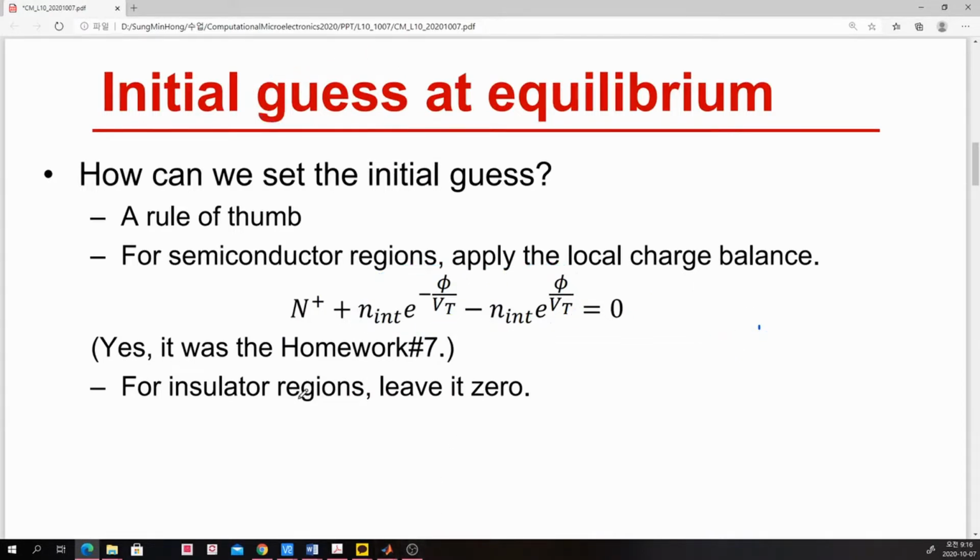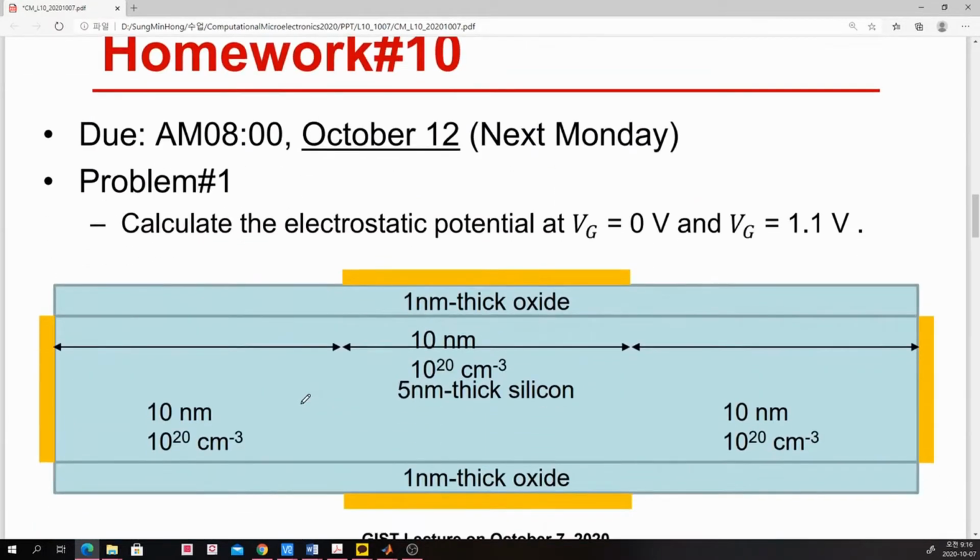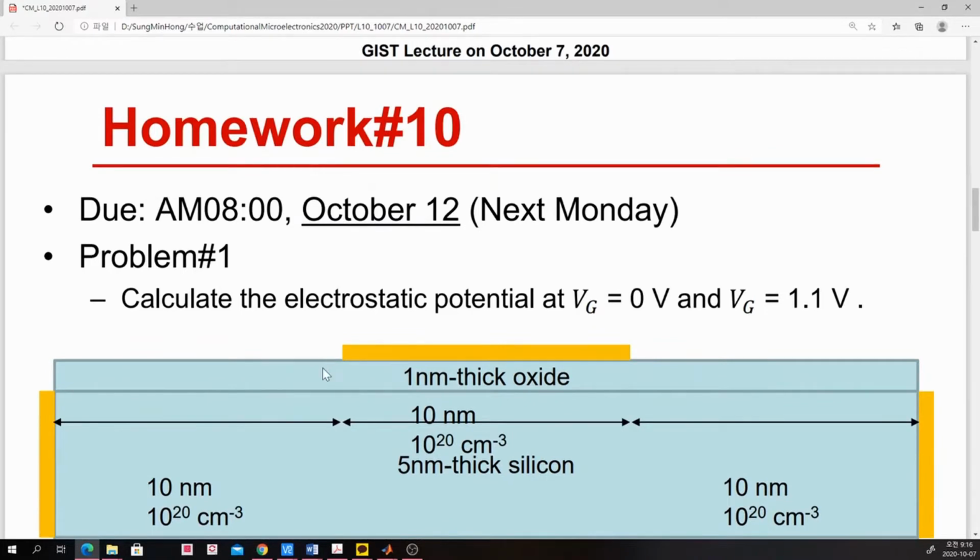Let me just announce our homework today a little earlier. Compared with our previous lectures, I announced it a little earlier because this is the right place for me to announce it. So due is next Monday, so you have 5 days, but I strongly recommend you to start it now.